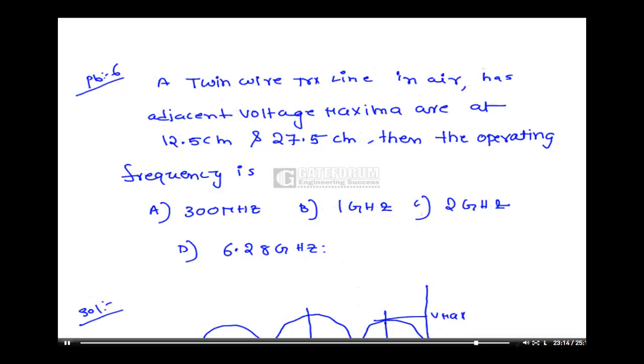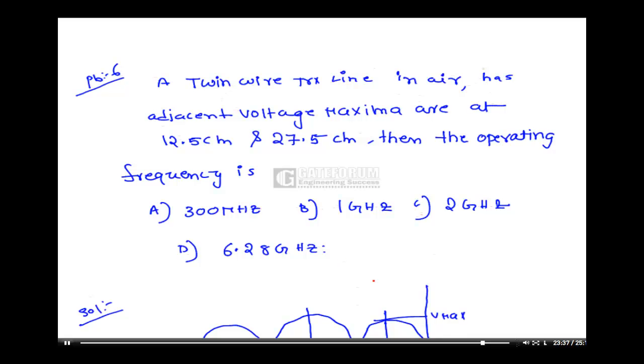Definitely lambda by 2. Here the given thing is the distance between successive voltage maxima, 12.5 centimeters and 27.5 centimeters. Then the distance is definitely 27.5 minus 12.5, that is 15 centimeters.